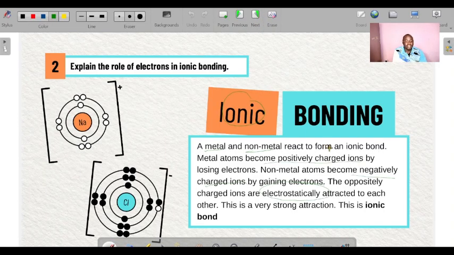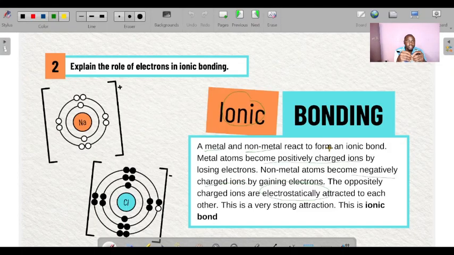So the question now is, what's ionic bonding? To help you understand this concept, it's important that students know it's about a metal and a non-metal reacting to form an ionic bond. But the question is, how do they combine?